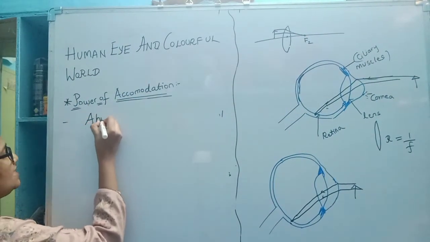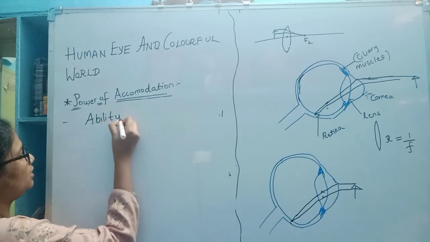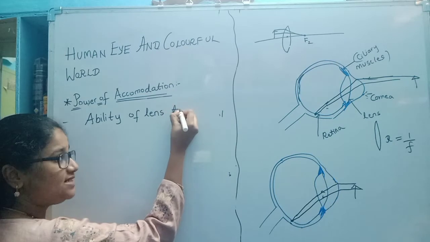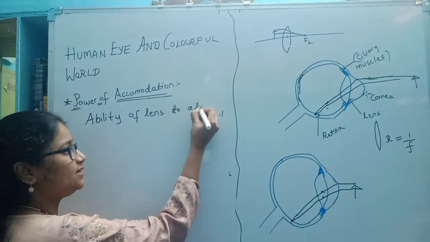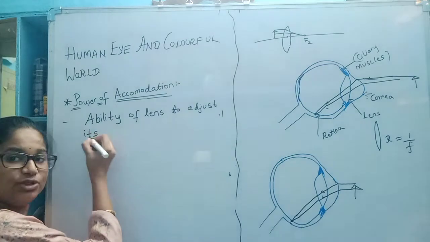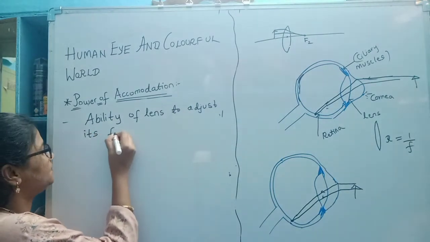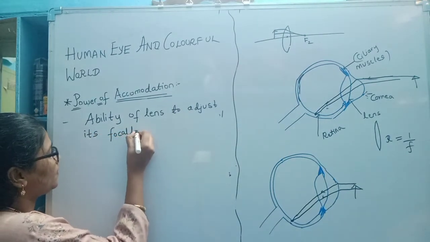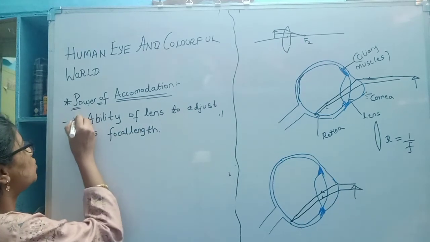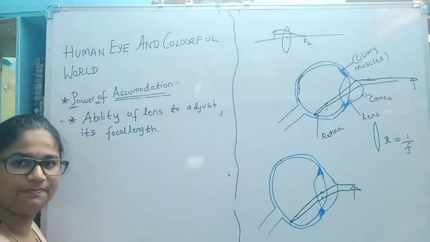It is a capacity or an ability of the lens to adjust its focal length. So how will it be adjusted? Through the ciliary muscles. To adjust its focal length is called the power of accommodation.